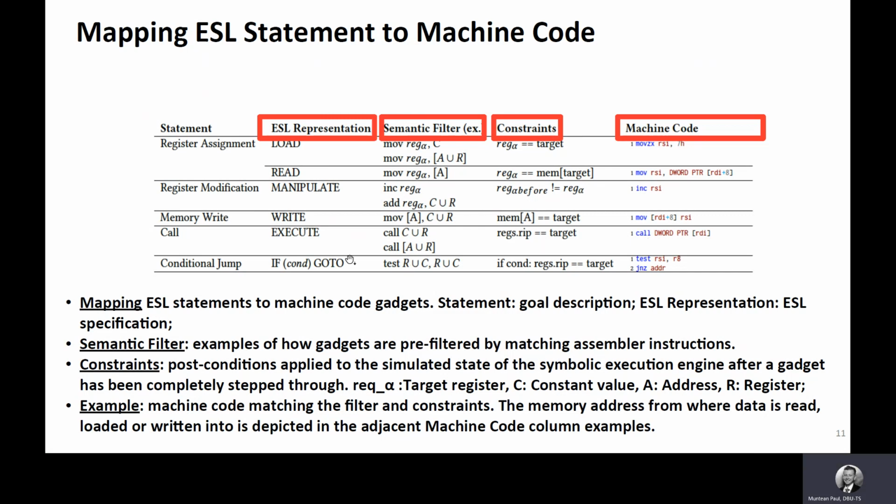And of course, after we define them in our attack specification, these are mapped to this machine code, which does exactly as you can see here on the right, different types of moves, calls, manipulation, register operations. And of course, this list is not comprehensive. We didn't list all our primitives here. Further details are presented in the paper.